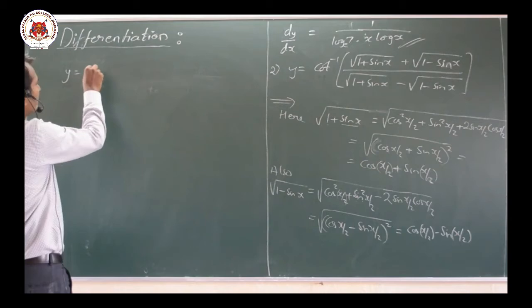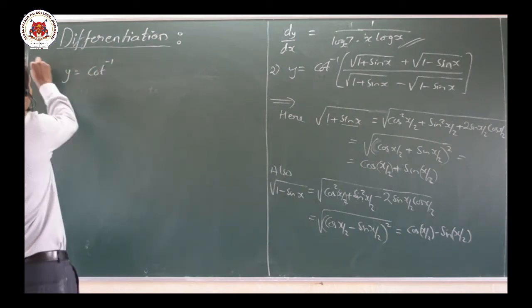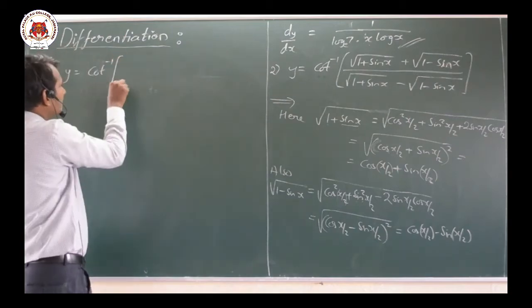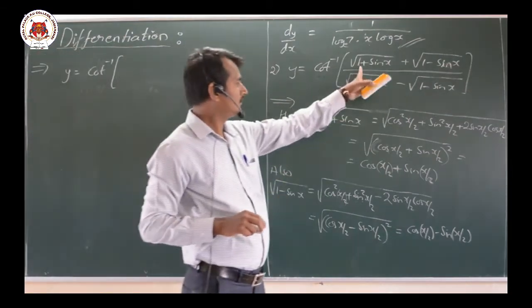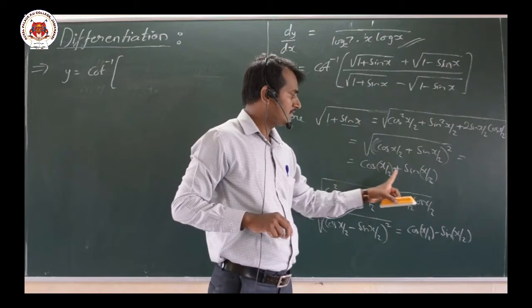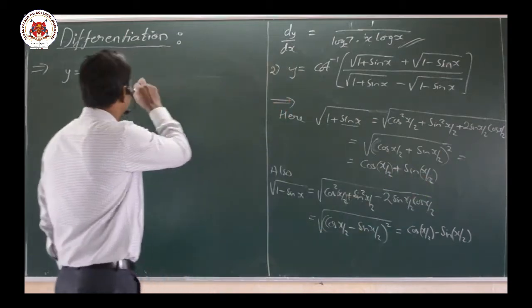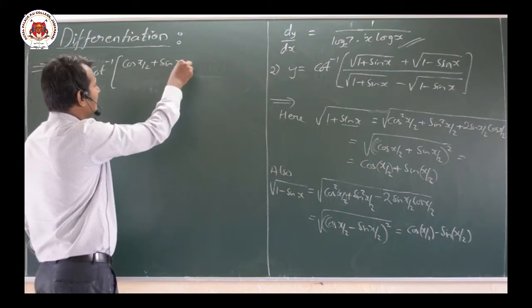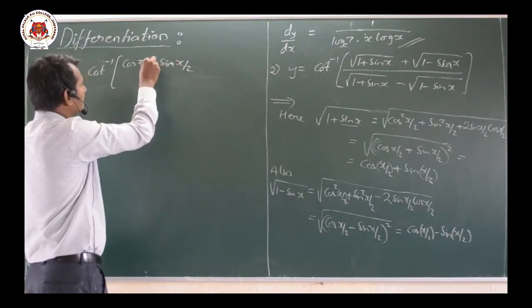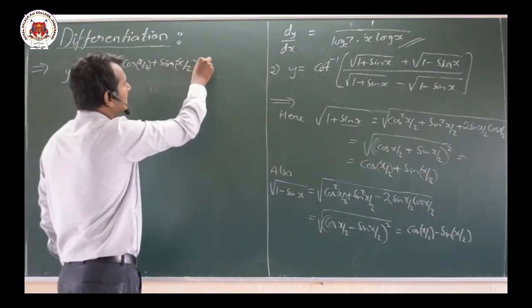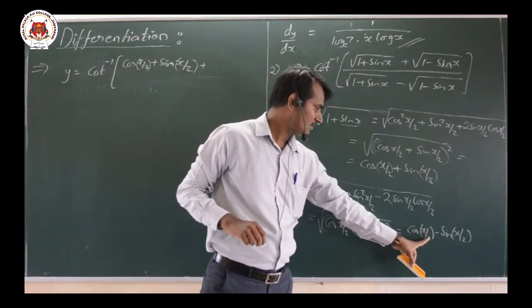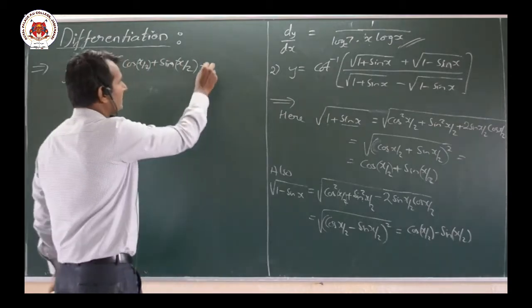y is equal to cot inverse of, that implies cot inverse of 1 plus sin x. Root of 1 plus sin x means cos x by 2 plus sin x by 2, I will substitute it. Then plus root of 1 minus sin x, that is nothing but cos x by 2 minus sin x by 2.